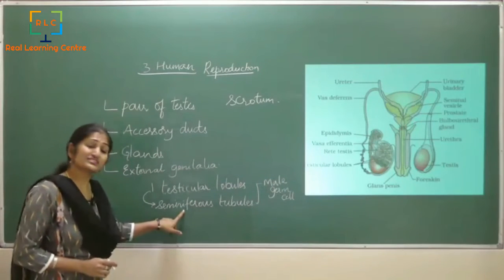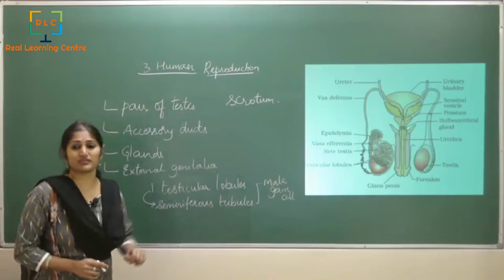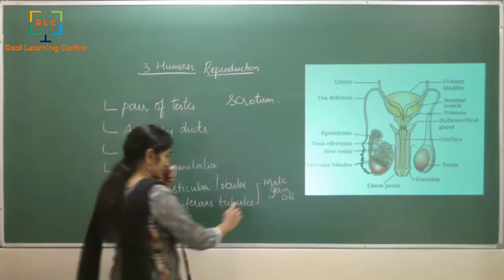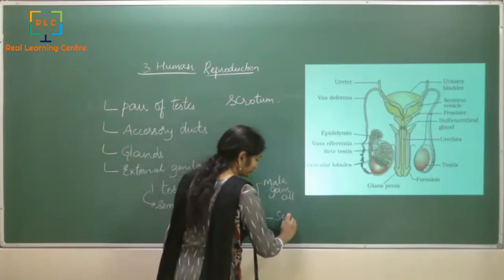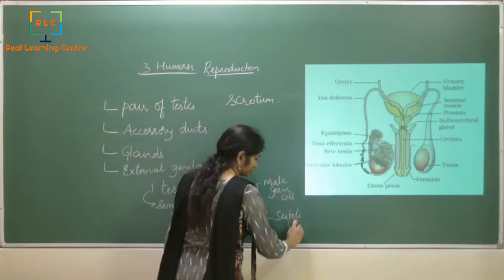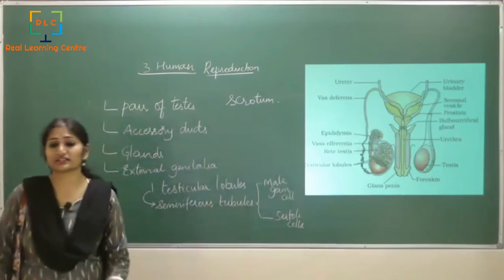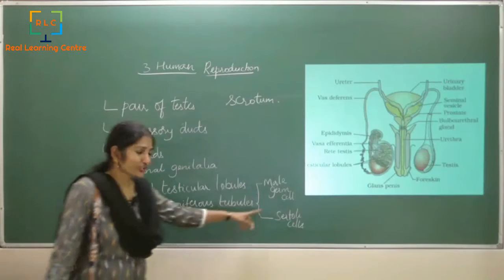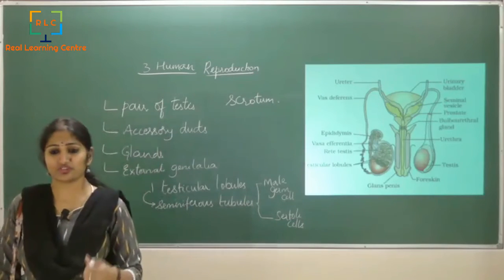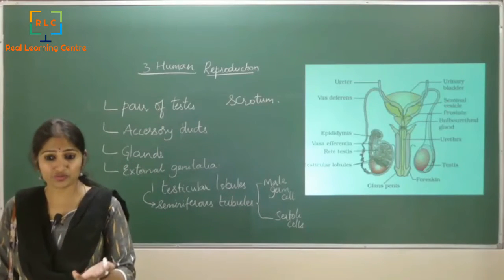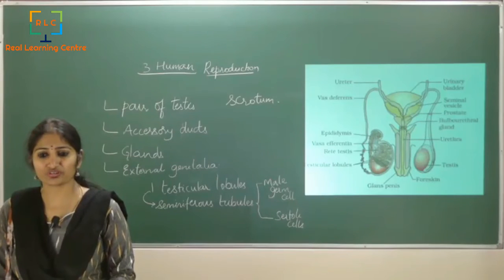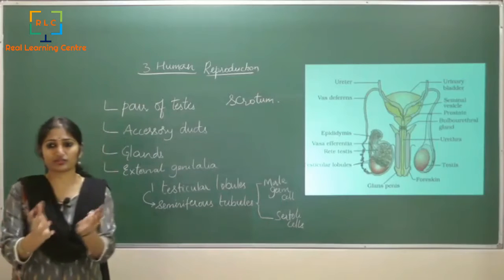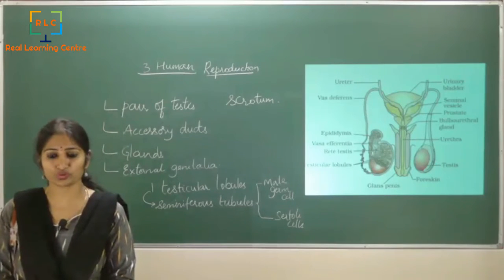Just inside the seminiferous tubules, along with the male germ cell, there is one more set of cells called the Sertoli cells. Sertoli cells protect these male germ cells and the sperms also. They provide enough nutrition and all this, so these are an important part of our seminiferous tubules.